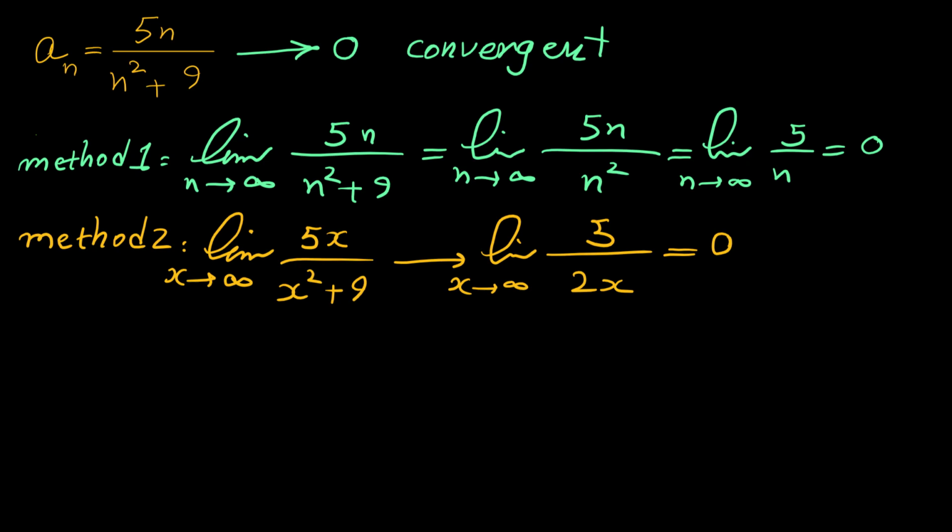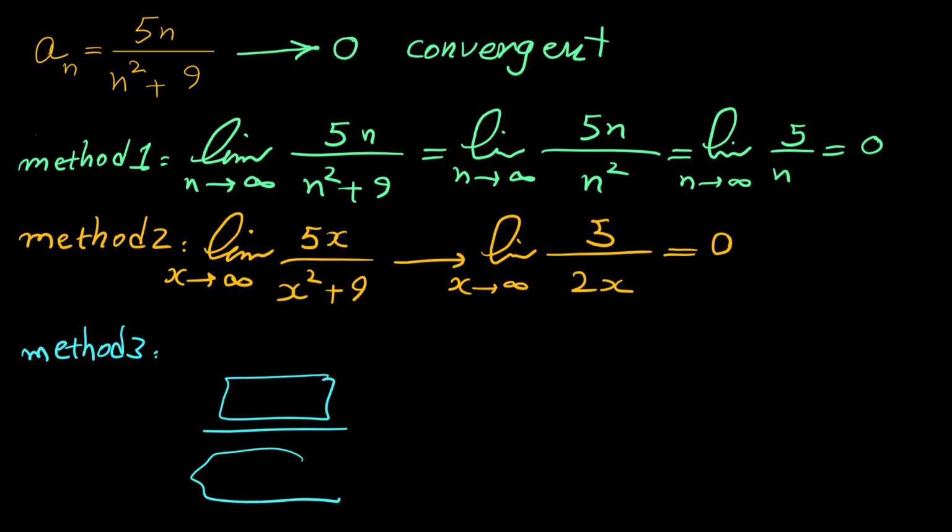Now let me show you another method for finding limit of this sequence. So this is the third method for finding limit of this sequence. If you remember limit of functions at infinity, for finding limit of functions at infinity that are in the rational form, so suppose we have an expression in numerator, an expression in denominator.